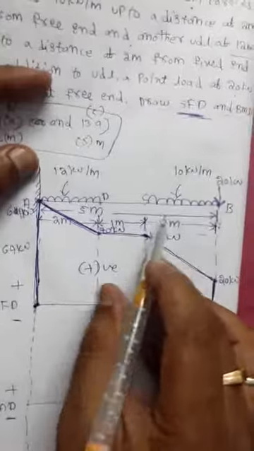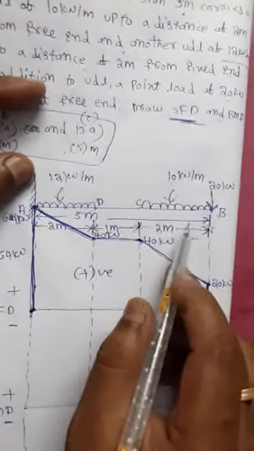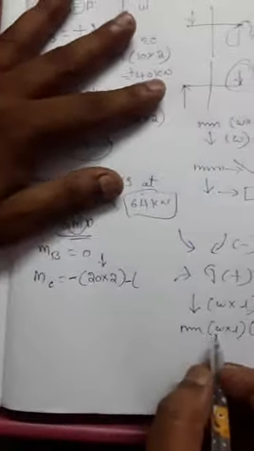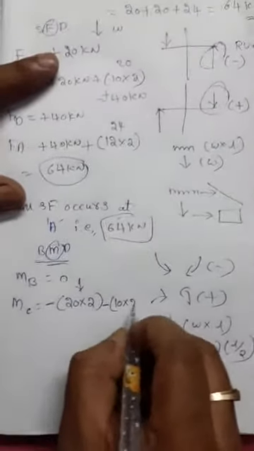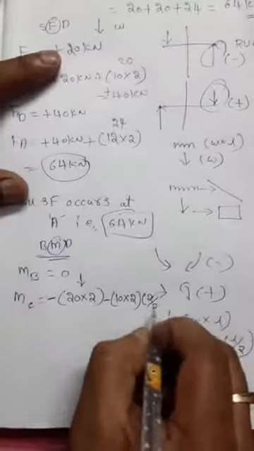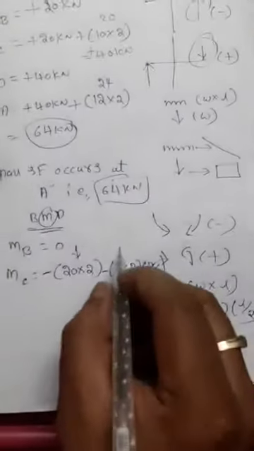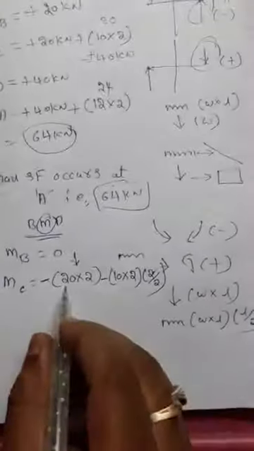Next the UDL, which spans from B to C. The UDL is in the downward direction, so it is minus. The UDL formula is WL into L by 2. W is 10, L is 2, and 2 by 2. This is the equation, this one for the UDL and this one for the point load.